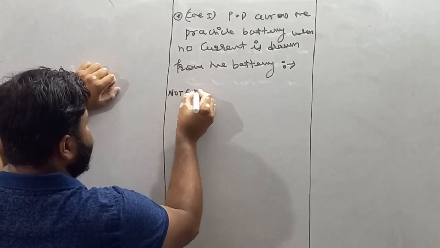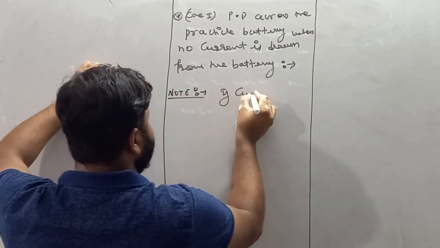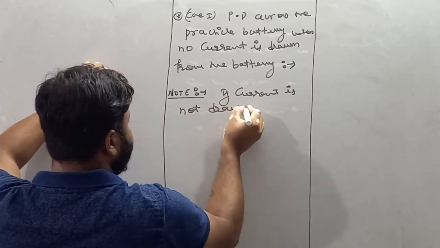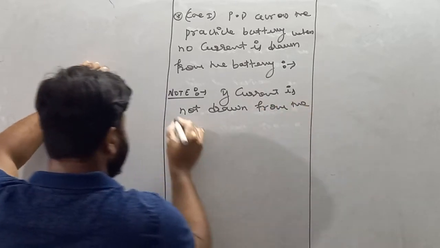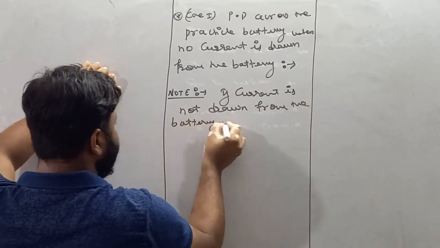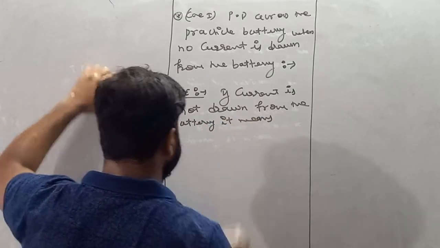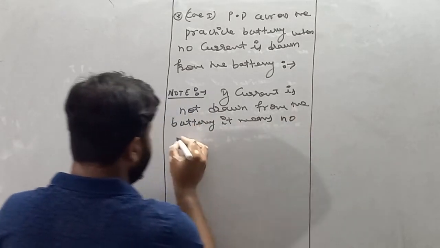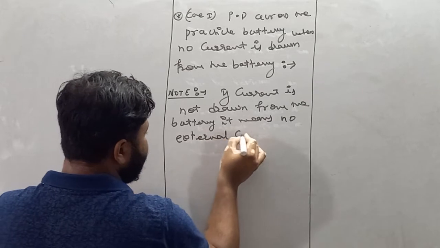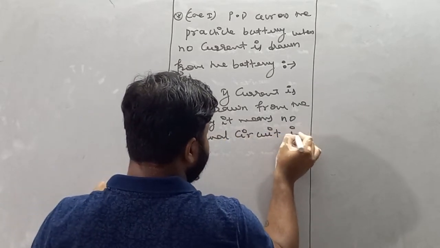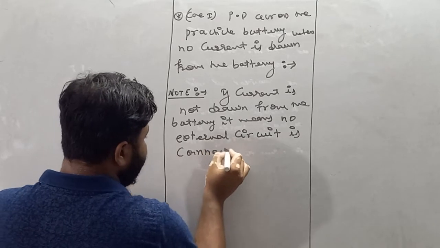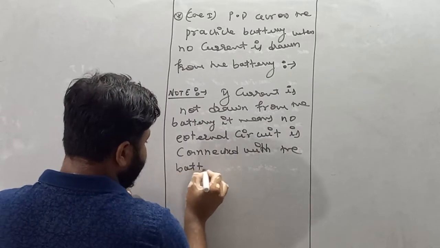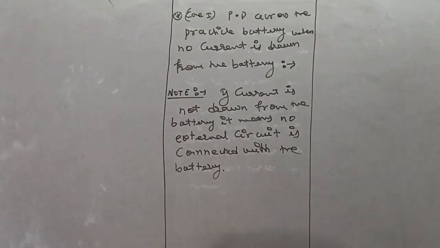I'll write in the form of a note: if current is not drawn from the battery, it means no external circuit is connected with the battery.